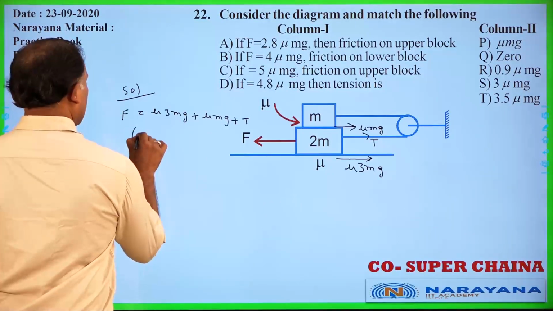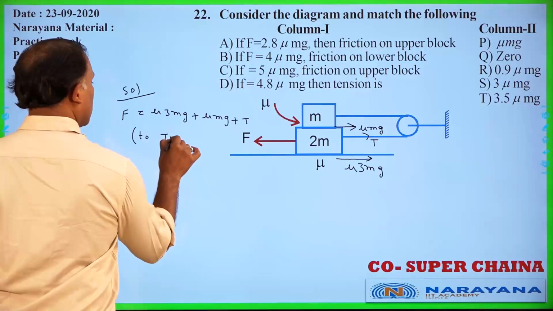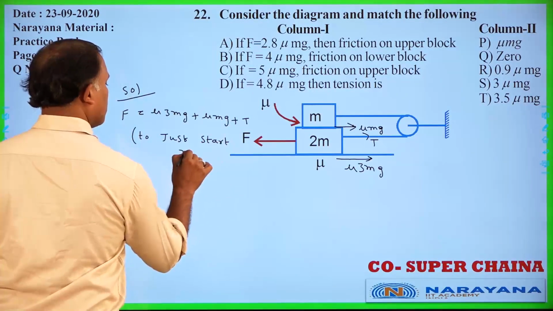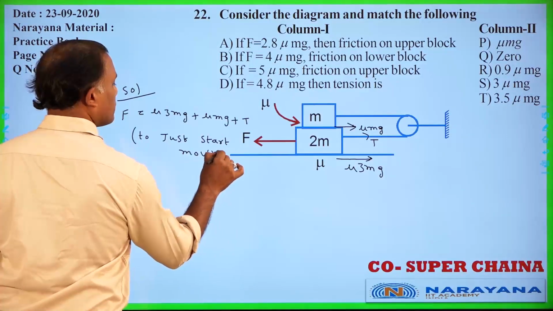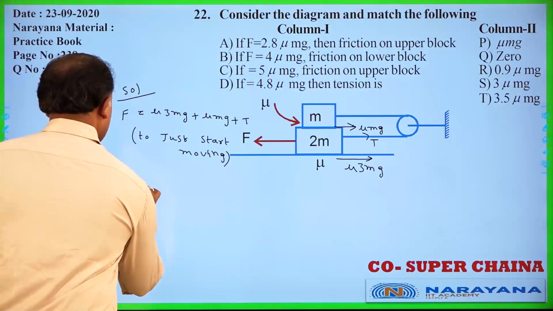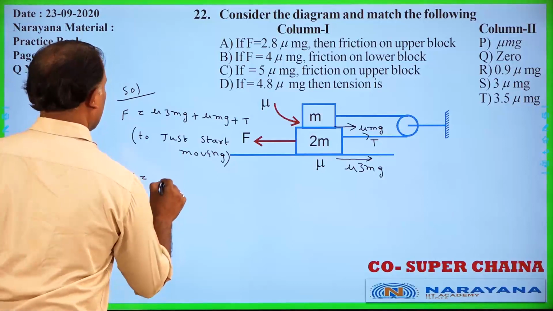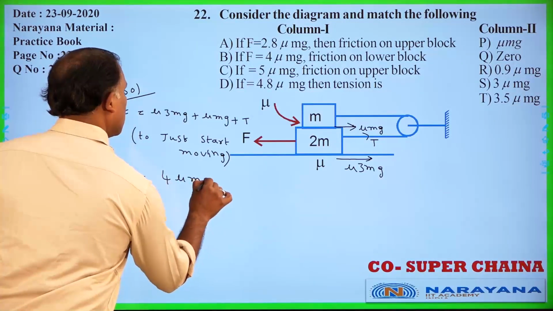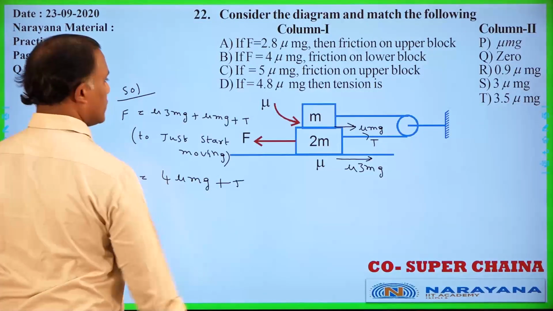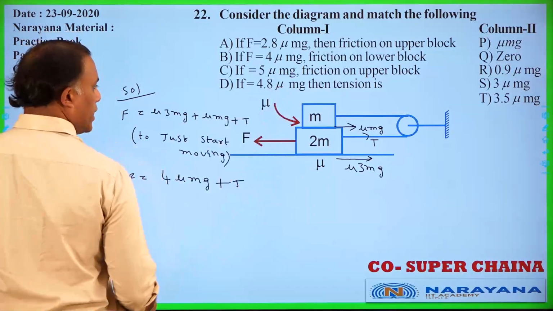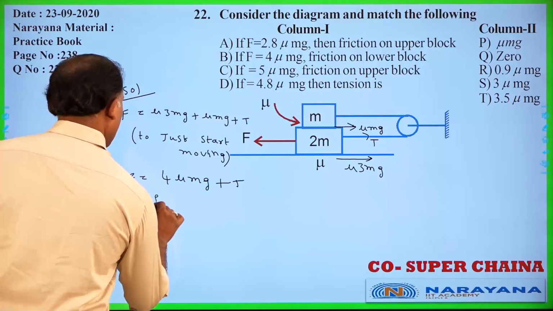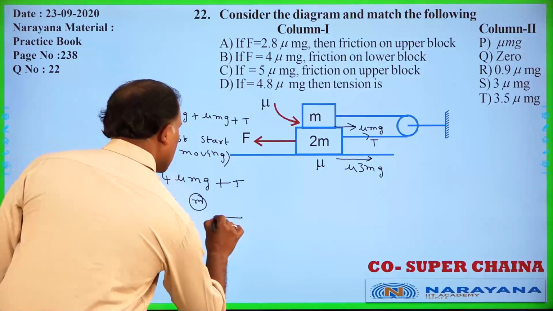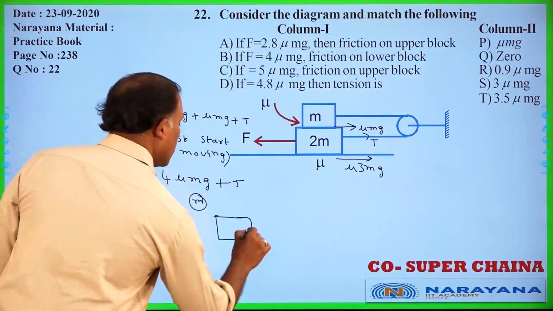To just start moving the blocks, F is equal to 4 mu mg plus T. Next I want the FBD of M, because I want to find the tension T there.